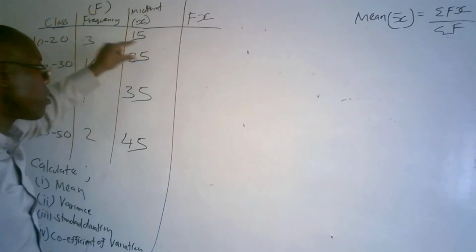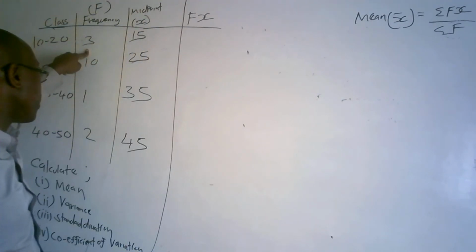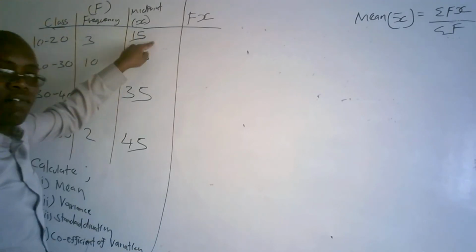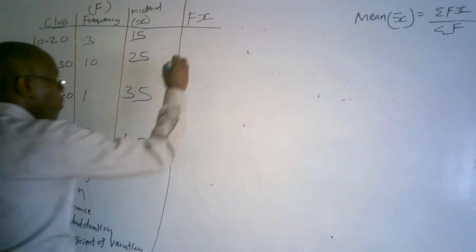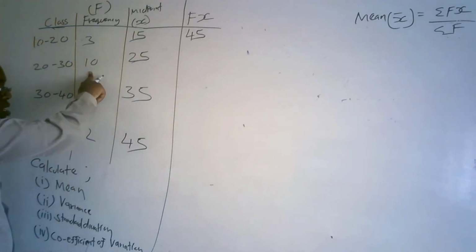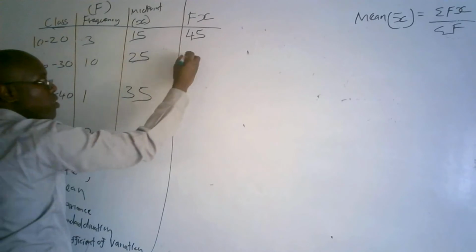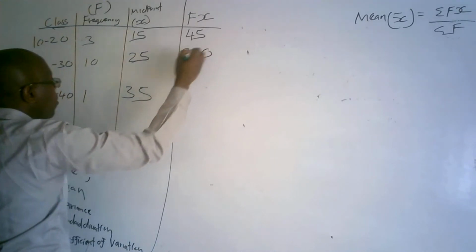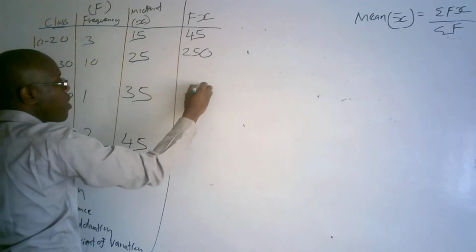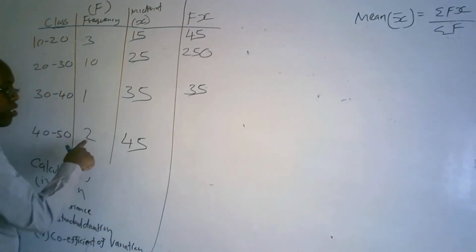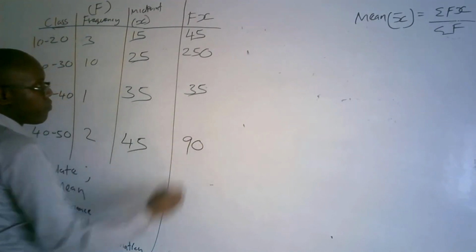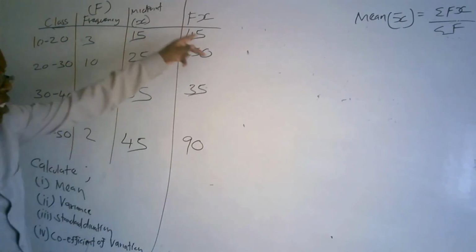I'm going to take f here in the first class of 10 to 20, which is 3 times 15, which is 45. 10 times 25, which is 250. 1 times 35, which is actually 35. And then 2 times 45, which is 90. So now we have fx.